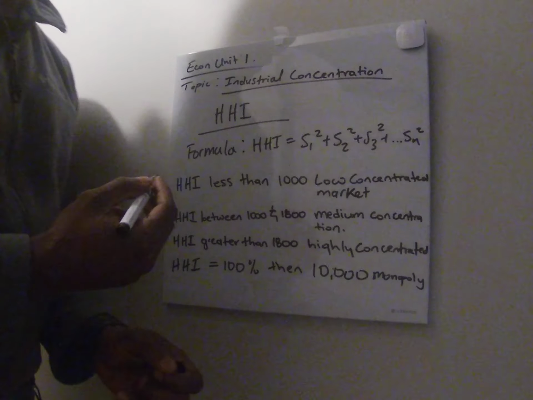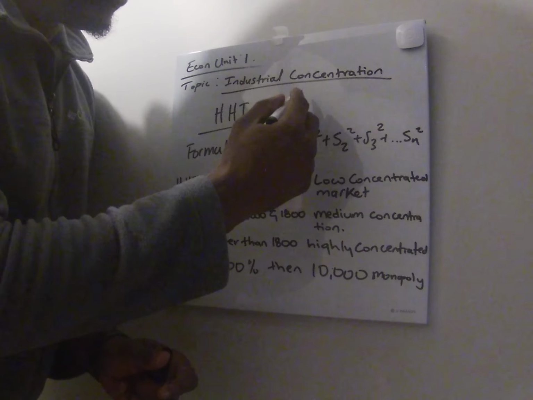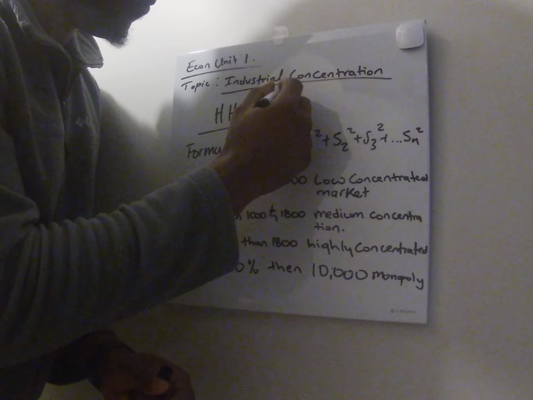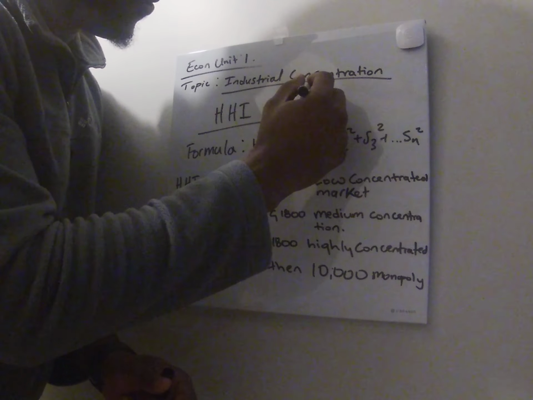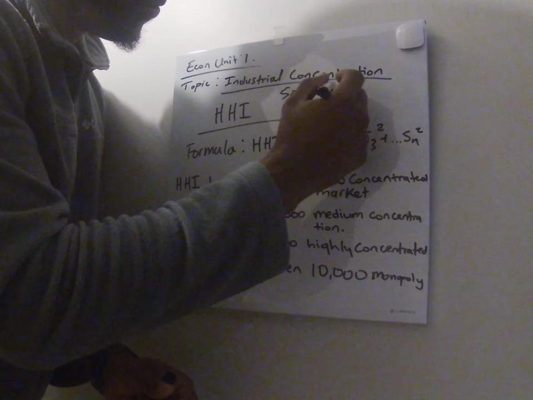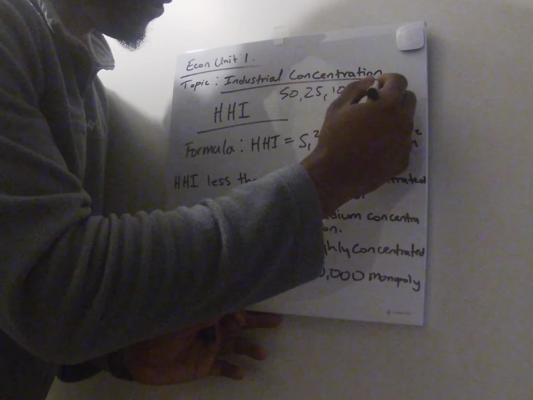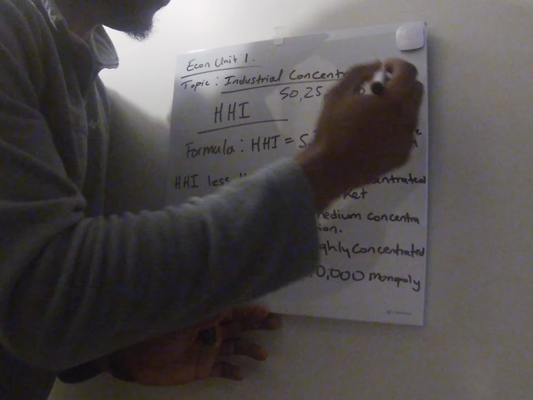So for example, say there are 6 firms, one with 50%, one with 25%, one with 10%, one with 10%, and then one with 3, and another one with 2.